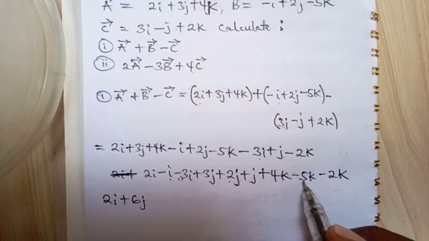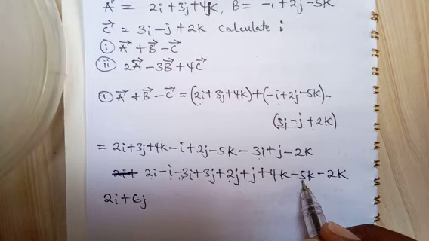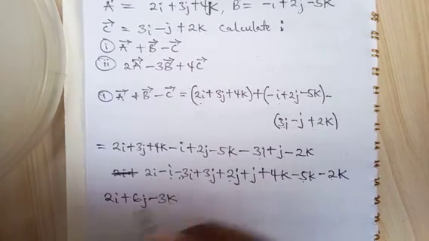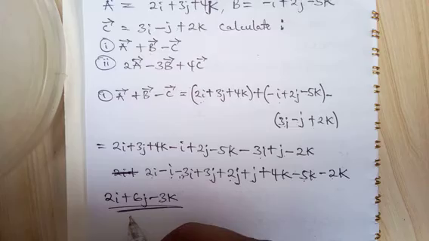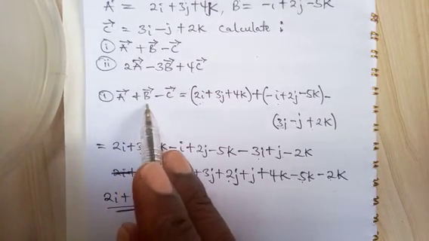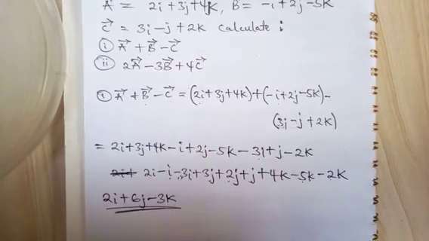For k, 4 minus 5 will give you minus 1. Minus 1 minus 2 will give you minus 3k. So this is our final answer of A plus B minus C vectors.